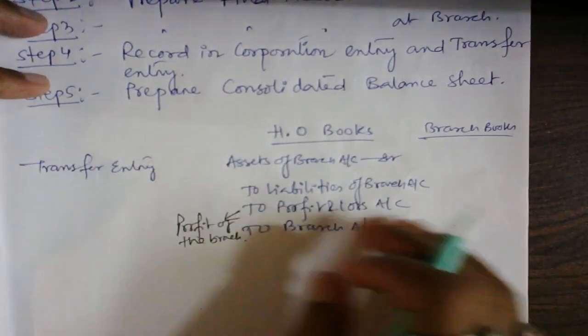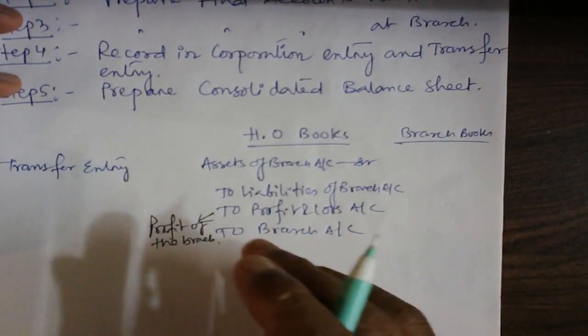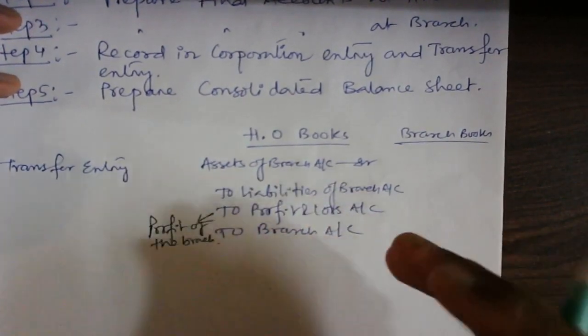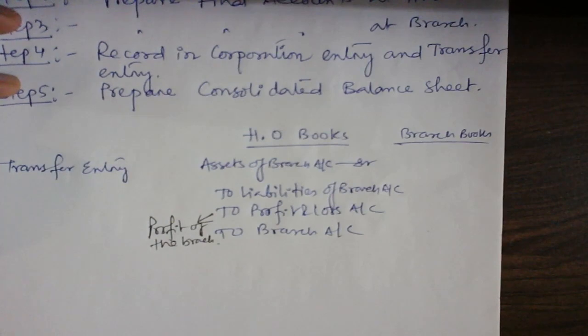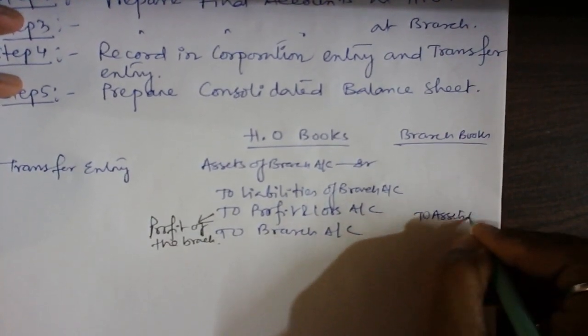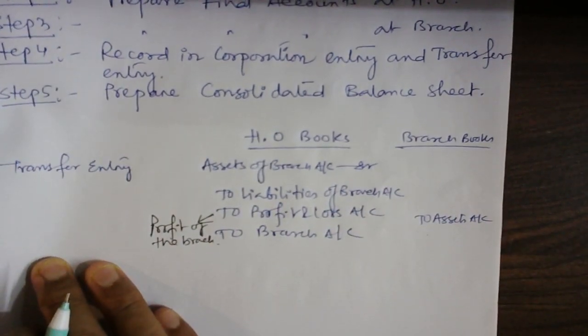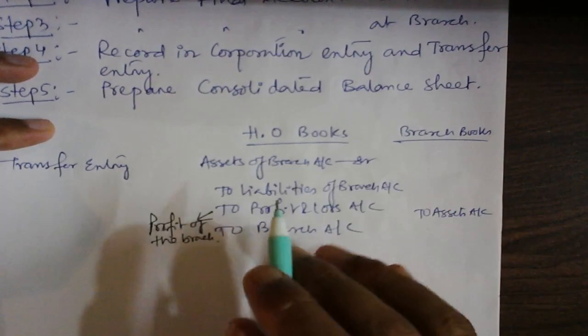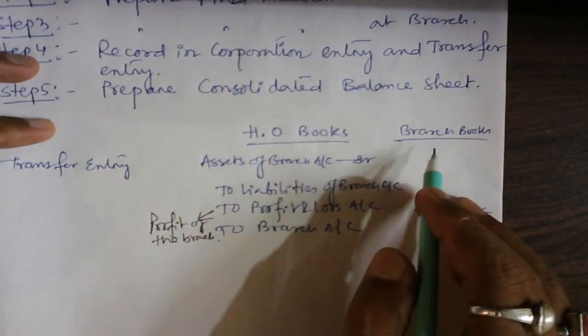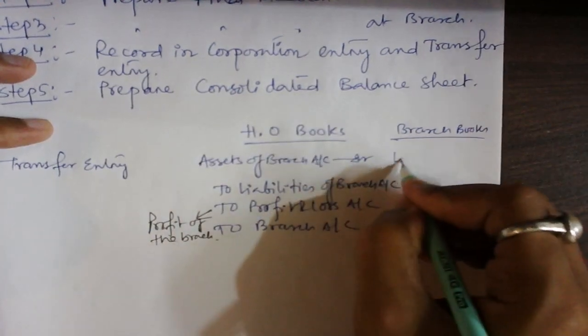In the books of the branch account, we can write the journal entry. We see the opposite: branch will transfer its assets, so assets will be credited. But what will be debited? Definitely, with respect to transferring the liability, the branch is transferring liability. Liability is a credit balance in the hands of the branch, but when it transfers, it should be reversed.